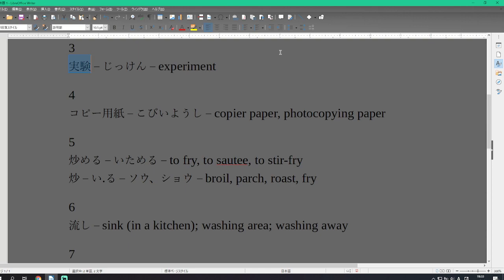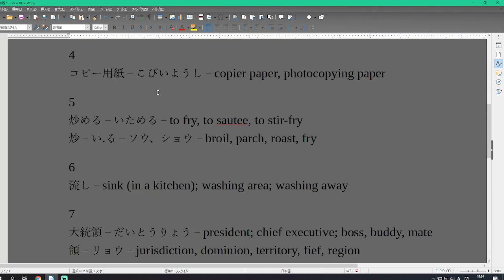Testing out or finding out reality. Jikken is an experiment.